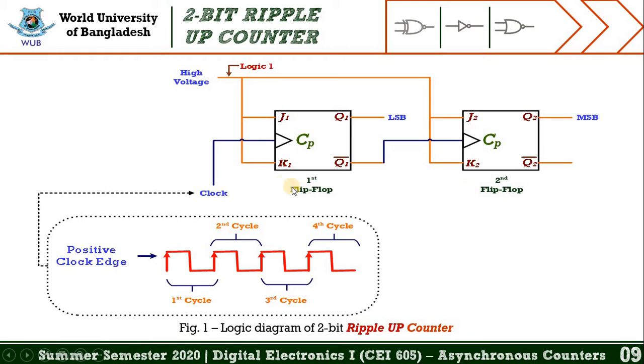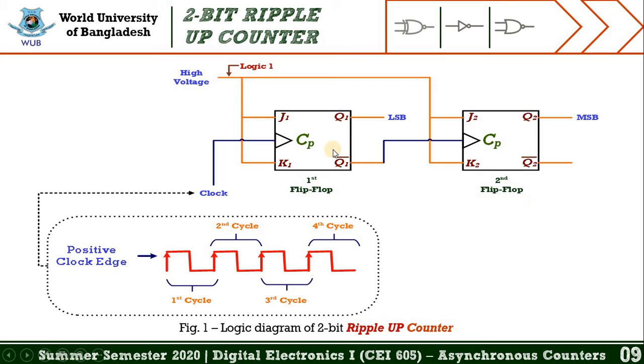And both the flip-flops have two inputs as well as two outputs. Inputs are symbolized by J1, K1 for the first flip-flop, and J2 and K2 for the second flip-flop.